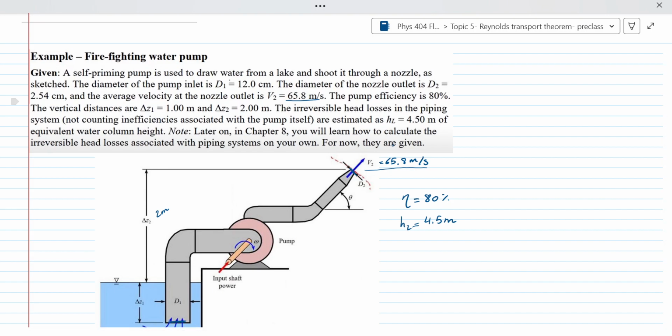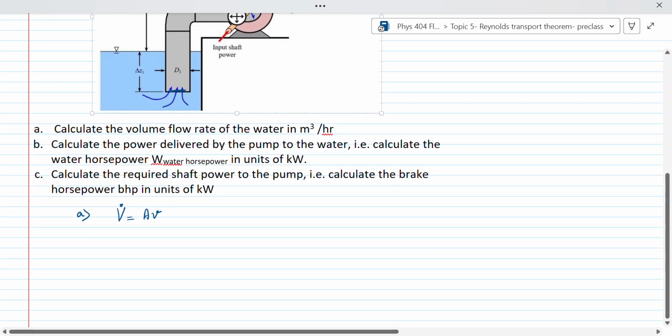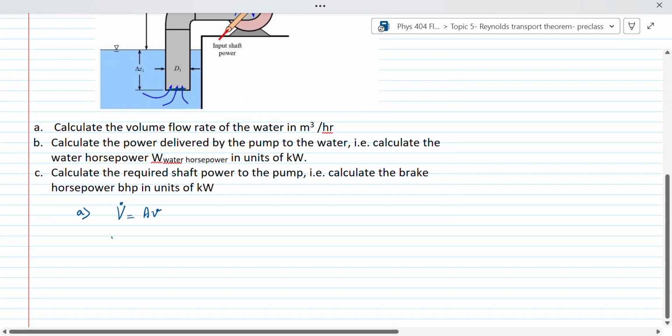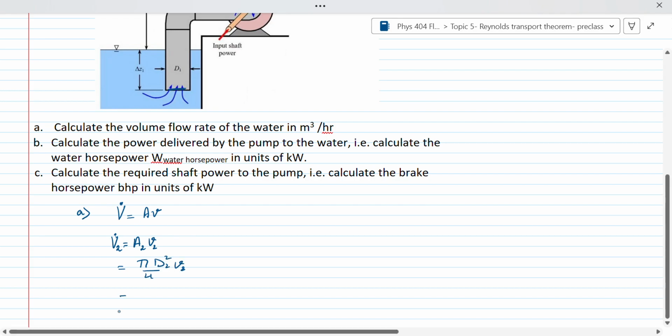So V2 is 65.8 meters per second, and I also know the diameter at the outlet. It's 2.54 centimeters, so I can solve for the flow rate through the outlet, and we have the following formula.